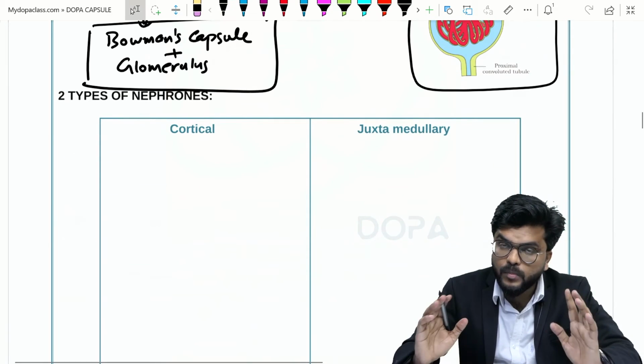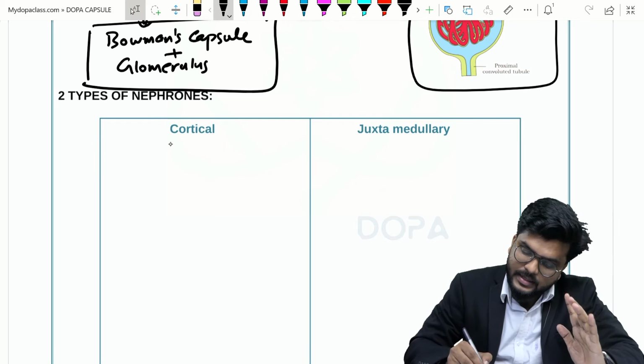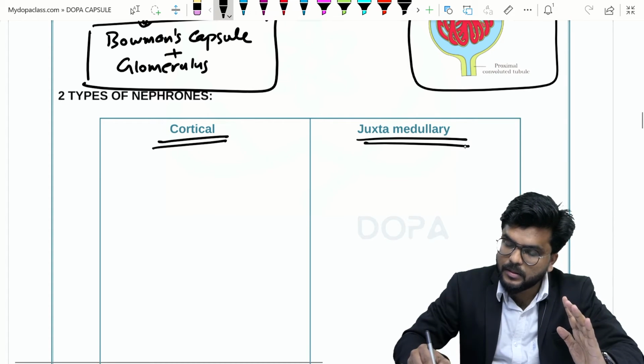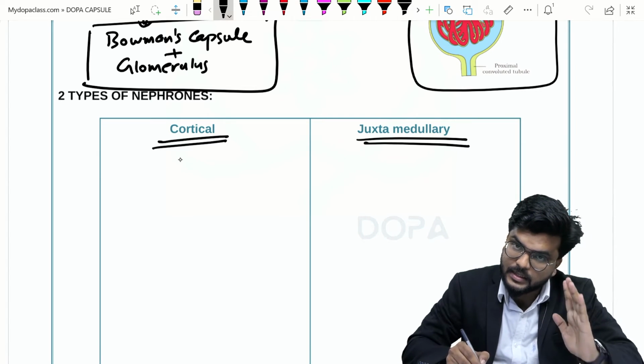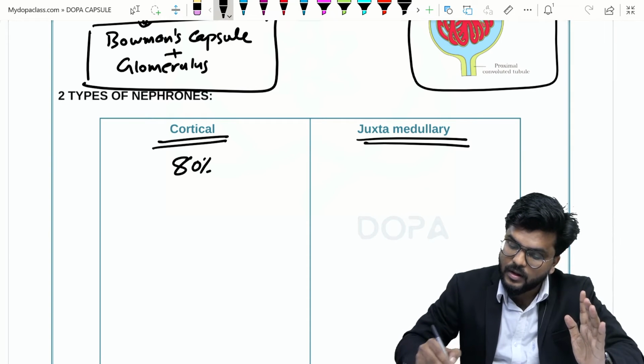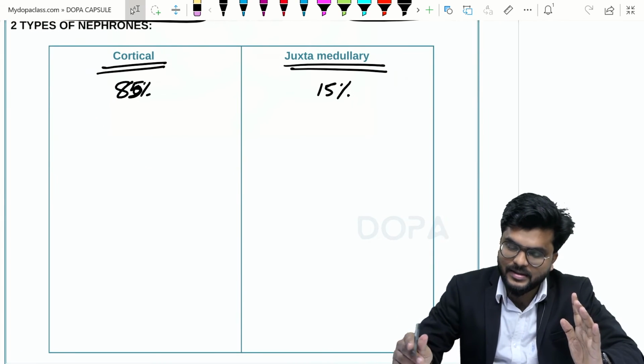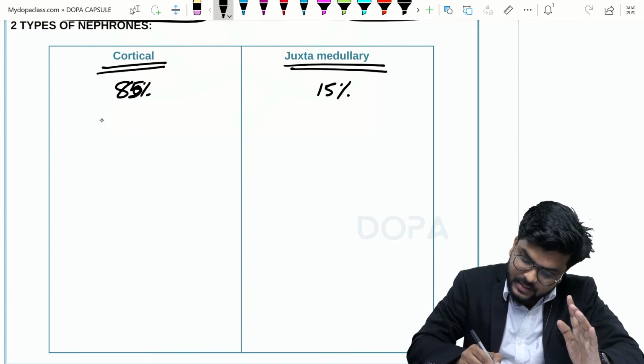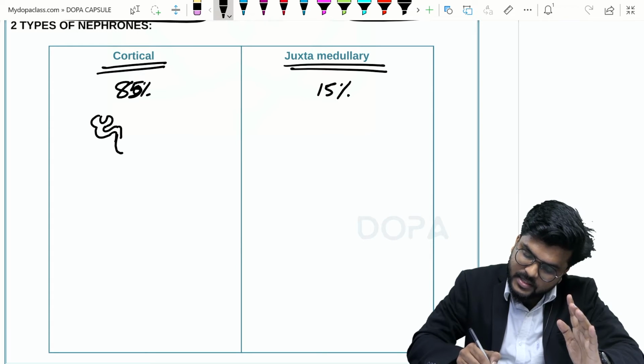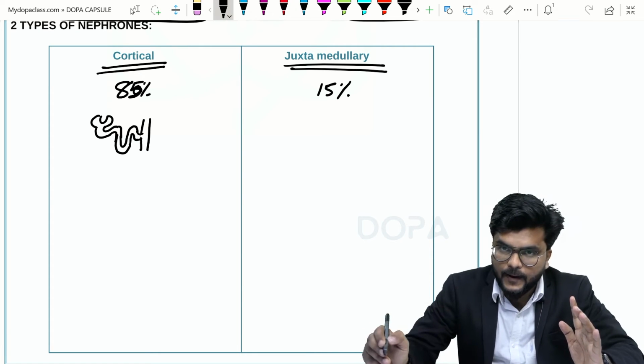Now we have mainly two types of nephrons: the cortical nephron and the juxtamedullary nephron. First of all, you have to understand the majority is the cortical nephron, almost 85%, and the juxtamedullary accounts for almost 15%. The main thing regarding the cortical nephron is that it has a short loop of Henle like this, and this emerges into the collecting duct.